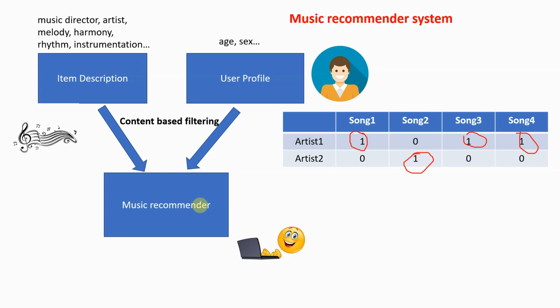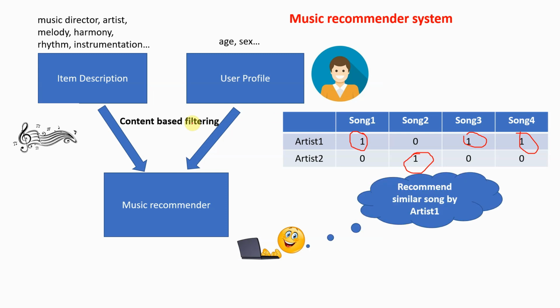Whenever a new song is released by the artist, it is added to the database. When the user next logs into the music system, the recommender system uses the content-based filtering concept, fetches the related likes of the user, and provides a recommendation about a similar song by artist 1. Like this, content-based filtering works in the recommender system.